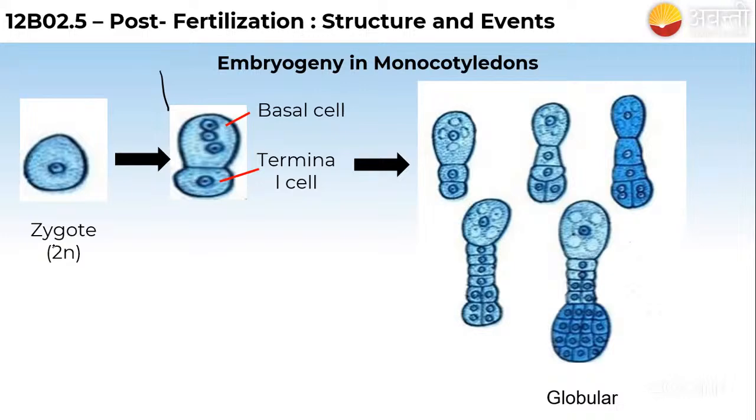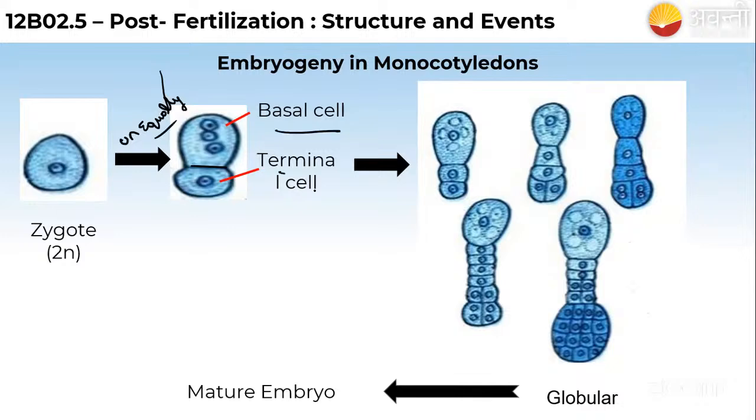The zygote is formed and it divides unequally. There is a basal cell and a terminal cell, and the terminal cell is going to form the suspensor cell. The suspensor cell pushes the embryo. That is a similar globular stage.